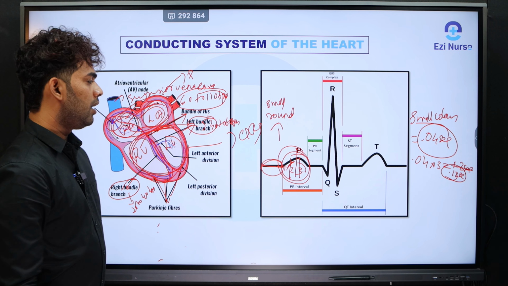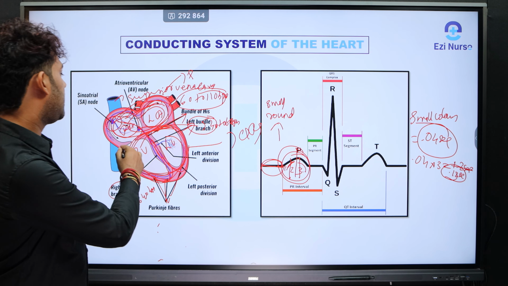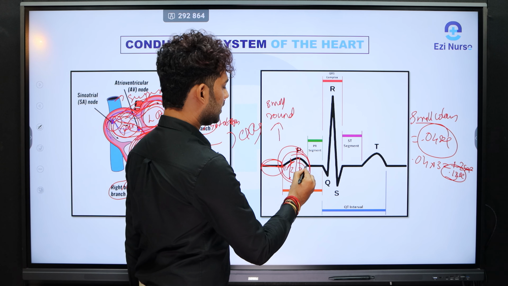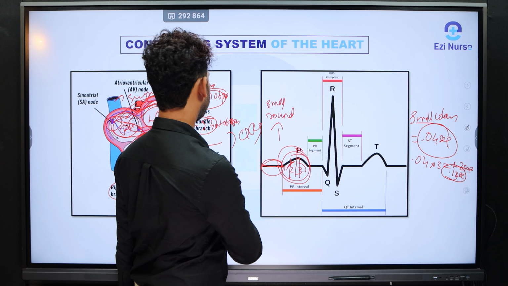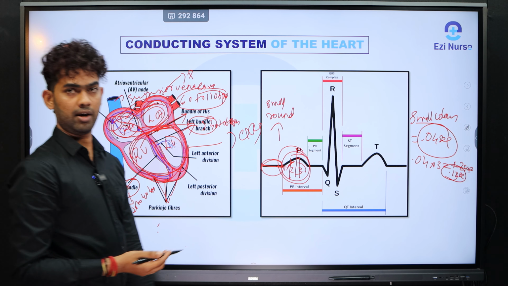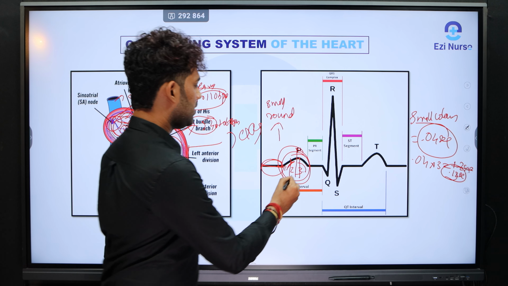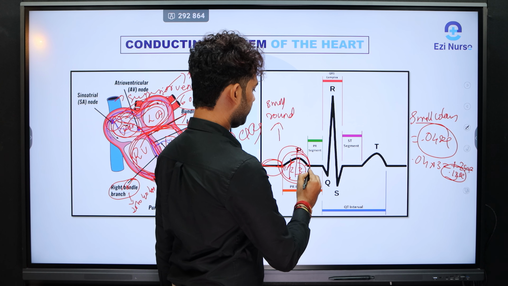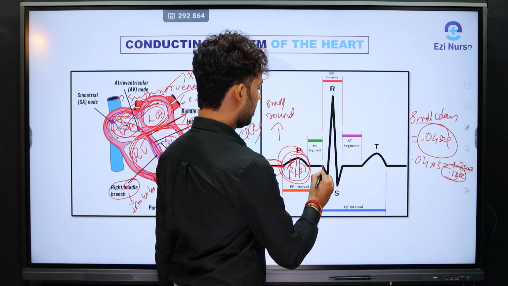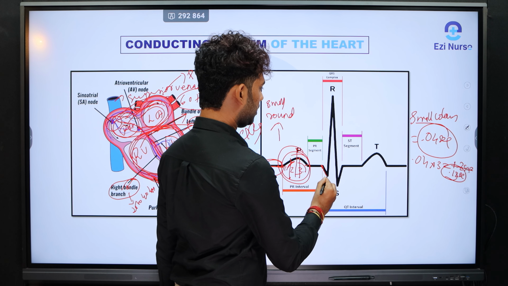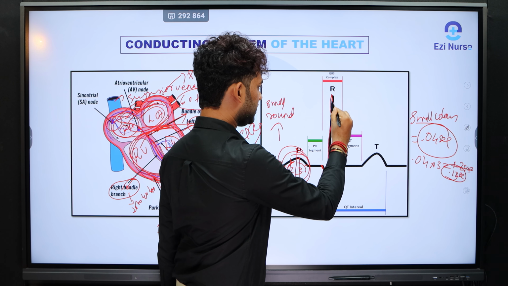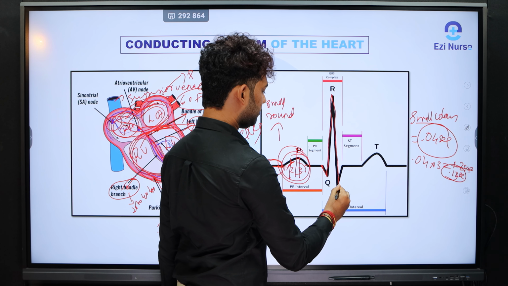Then here we completed atrial contraction. Then the electrical impulse is traveling through the AV node. Here is a negative deflection, then again a positive deflection, that is the R wave, then again a negative deflection.